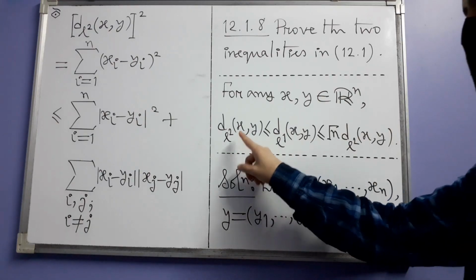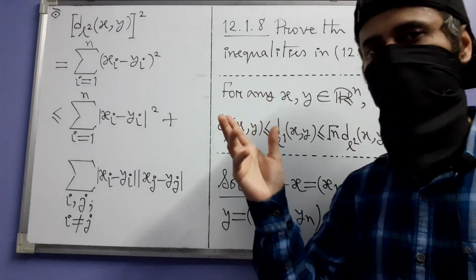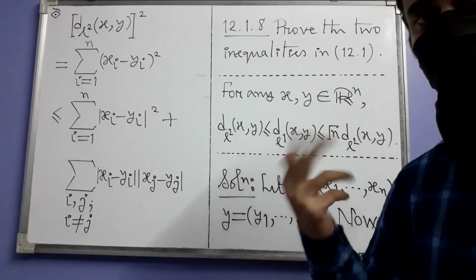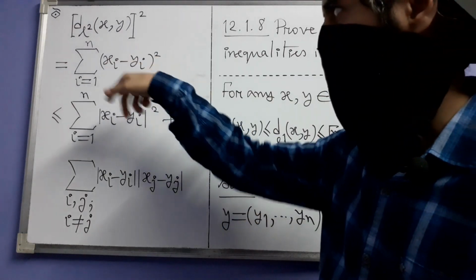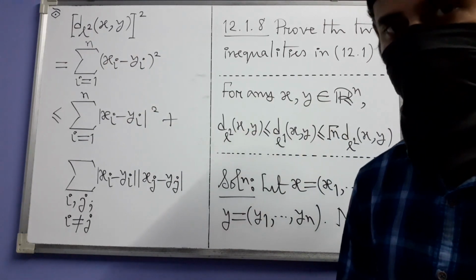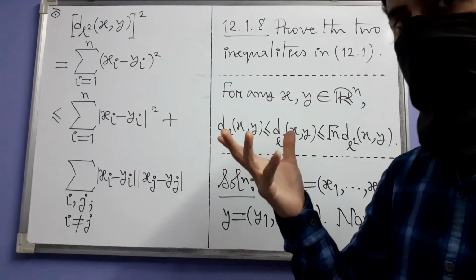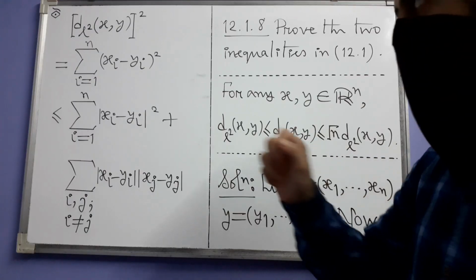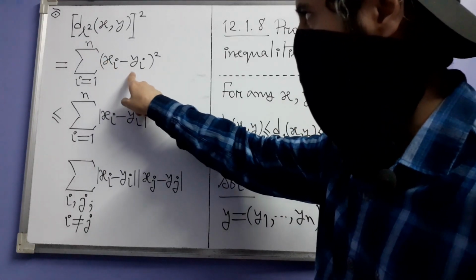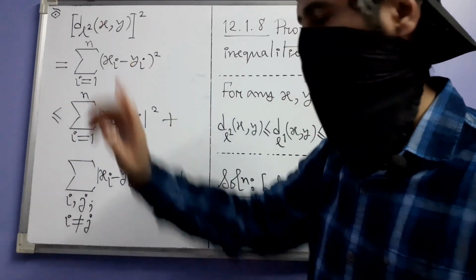So we start with dl2, and instead of simply taking dl2 we take its square, so that now there is no square root involved. But the expression inside the square root of course is there, summation xi minus yi whole square, where i varies from 1 to n.